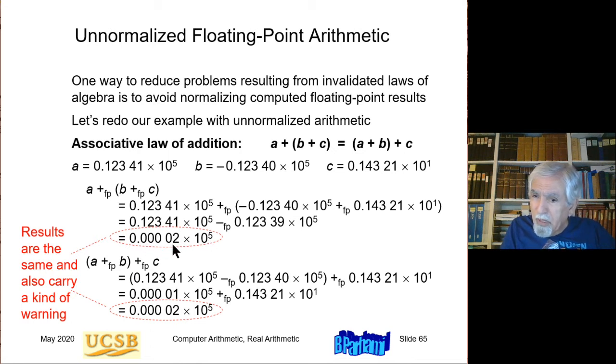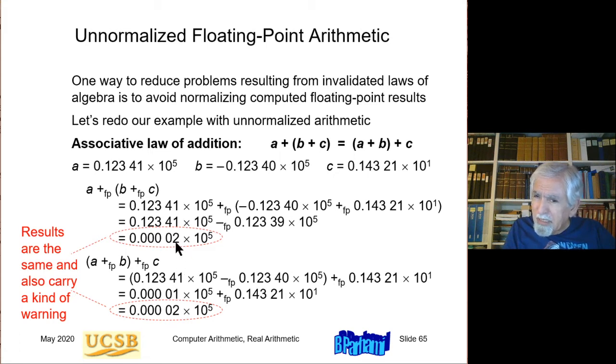This is known as a significant digit. Leading zeros are not significant digits. So when you have a small number of significant digits, that's a sign that you have lost precision in the course of computation. That can be viewed as a sort of warning that this result cannot be trusted because it may contain a large error.